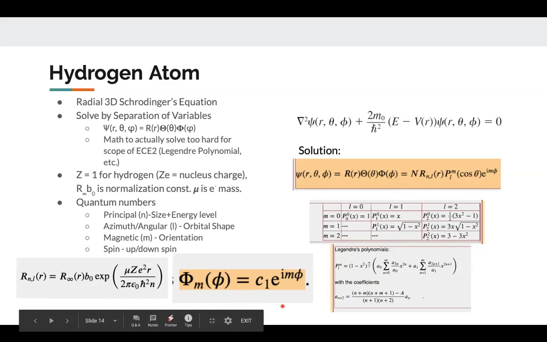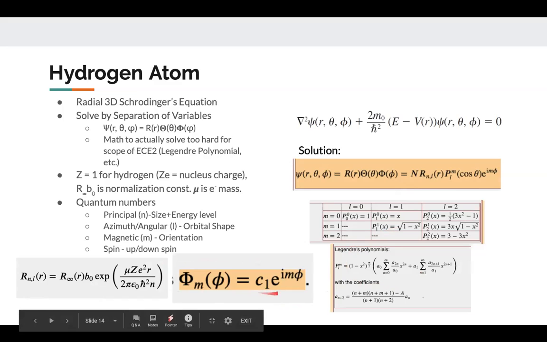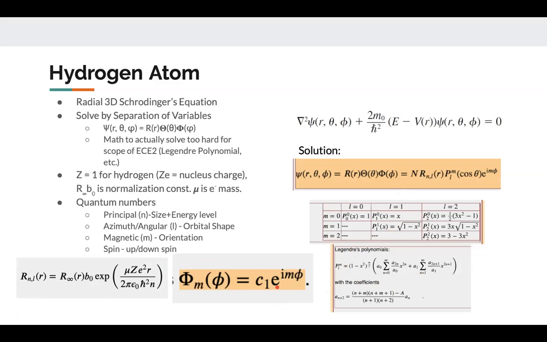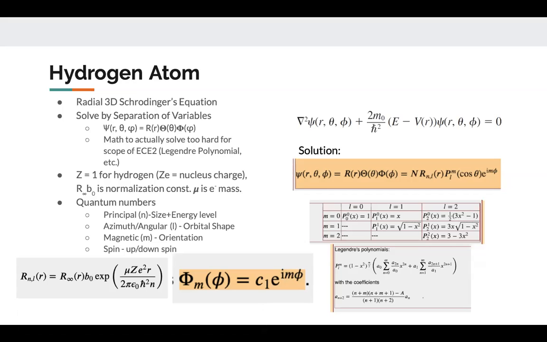And then the phi part, which is the azimuth part, the circle part in spherical coordinates, is described by a constant times the exponential of square root of -1 times m phi. I have no clue why he would ask something like this, but I guess he did last year.